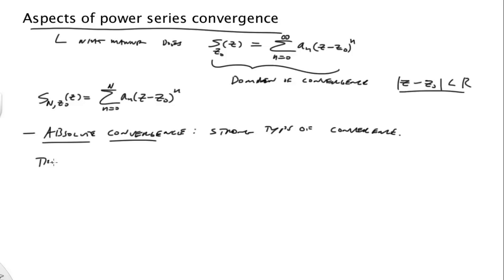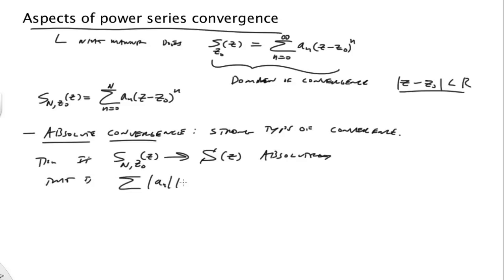Now, we had a theorem from before that says if a series, if S_N(z) converges to some value, what we'll call the series itself, S, and if this converges absolutely, that is, the series in modulus converges, if that is less than infinity, then S_N converges to S. Okay? So absolute convergence implies convergence itself.